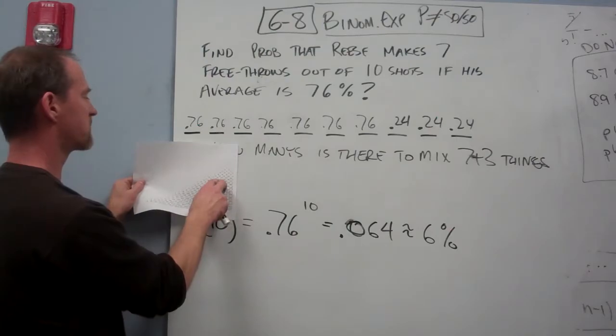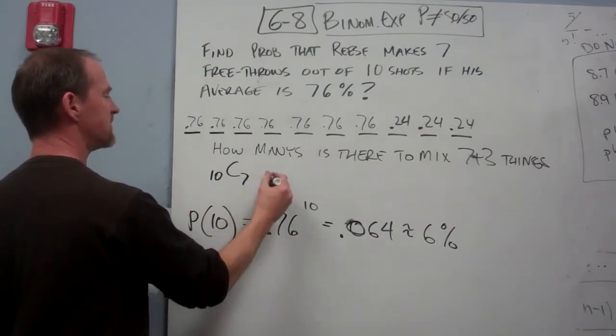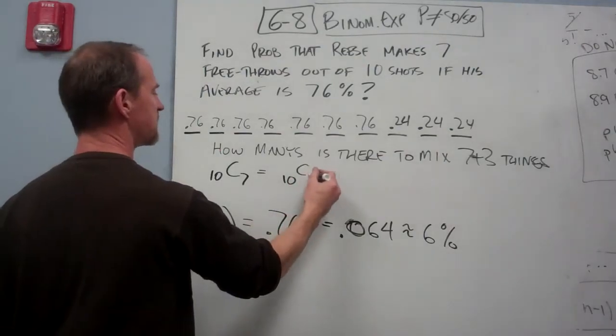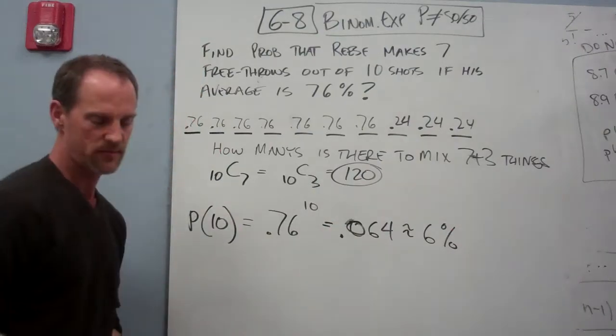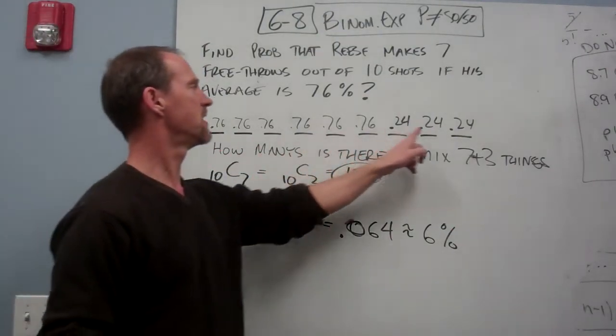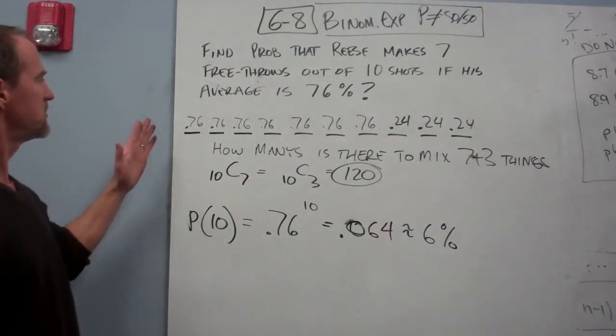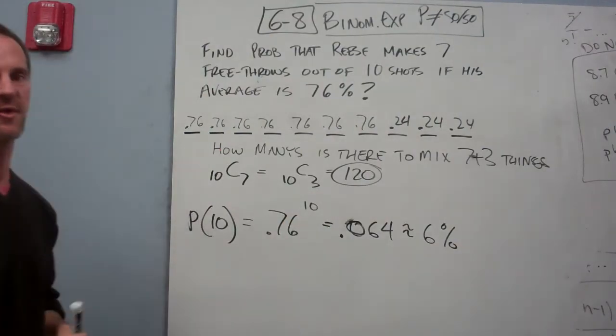So 0, 1, 2, 3 is 120. So 10C7 is equal to 10C3 is equal to 120. Alright? So there are 120 ways I can mix up this pattern. So what I do is I just multiply these all together and then multiply it by 120.